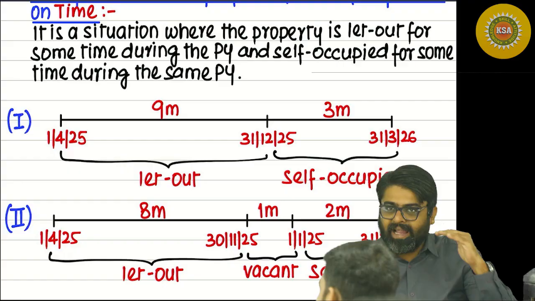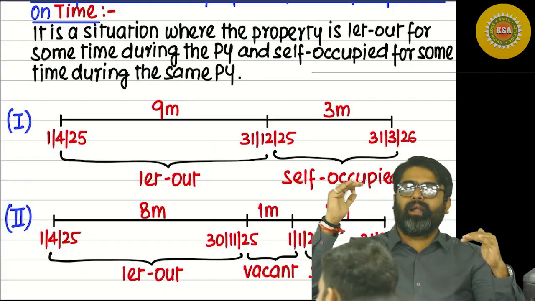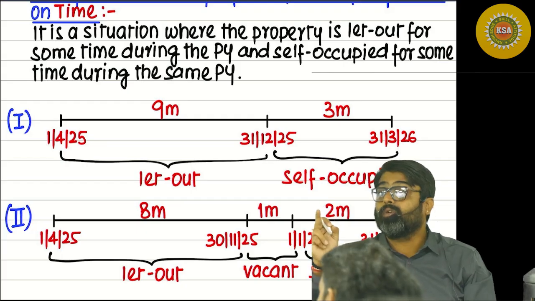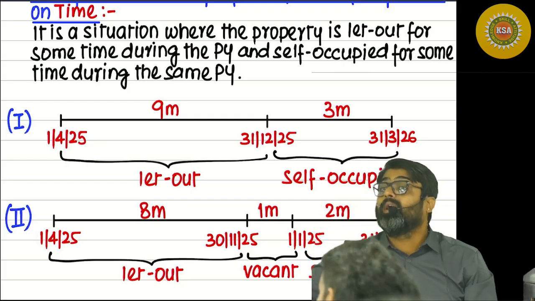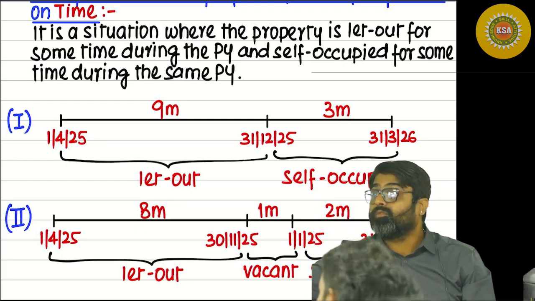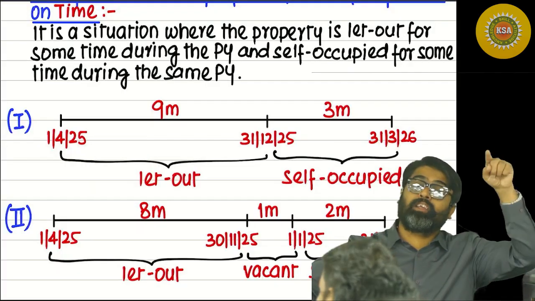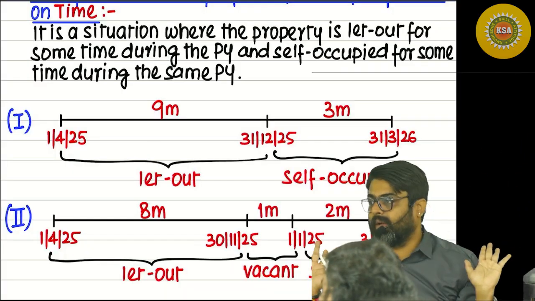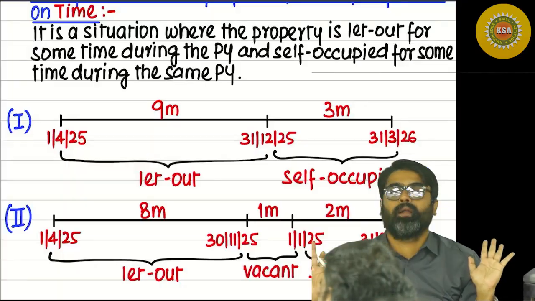We compare the actual rent and expected rent directly, whichever is higher. Even if this is for 9 months and expected rent is for 12, still the direct comparison will happen. Yes or no? Everyone. Now let's come to the second case.